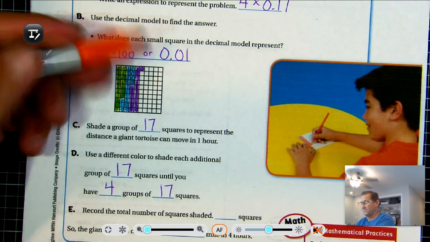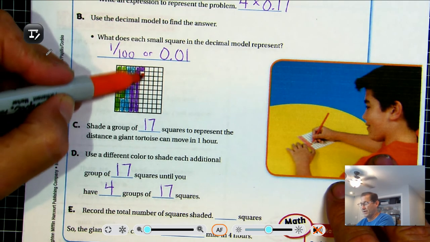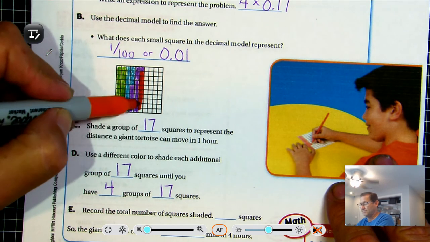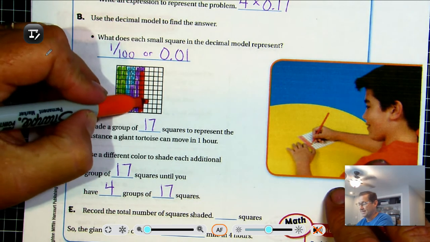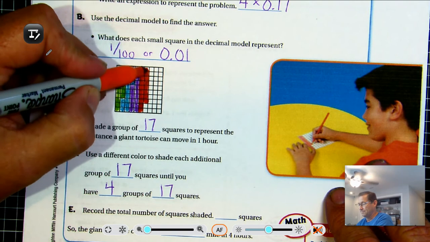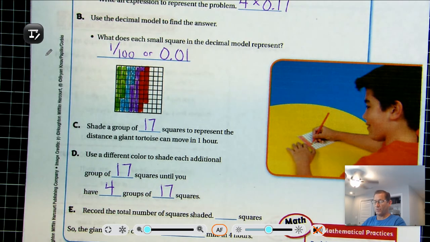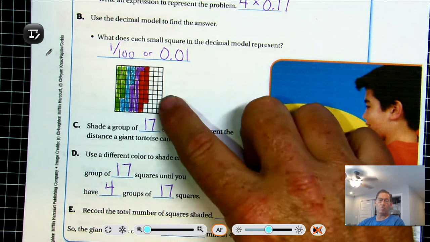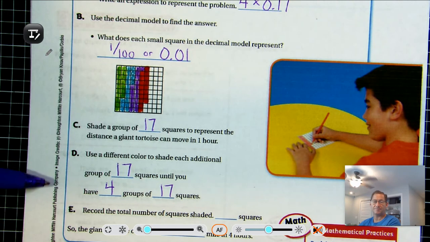And finally, let's finish up with one more group of 17 small squares. So we know we have 9 left in this column. And 9 and 8 is 17. So I'm going to shade 8 in the next one. All right. So now we have four groups of 17. 1, 2, 3, 4 groups of 17.